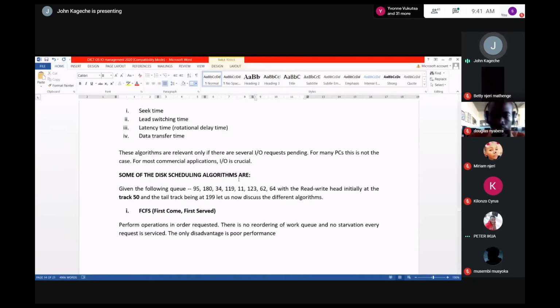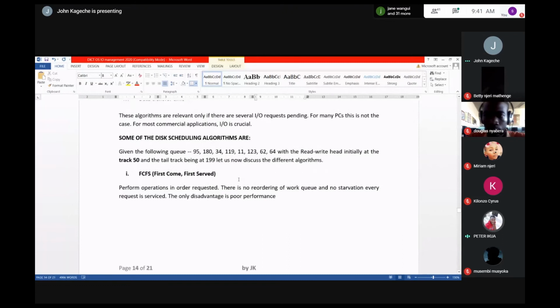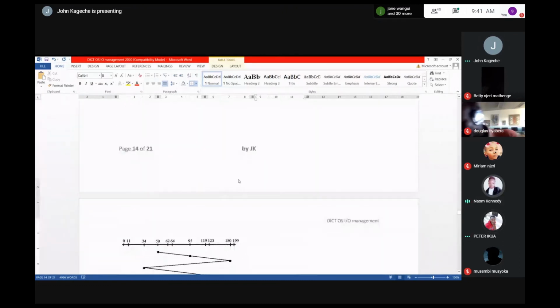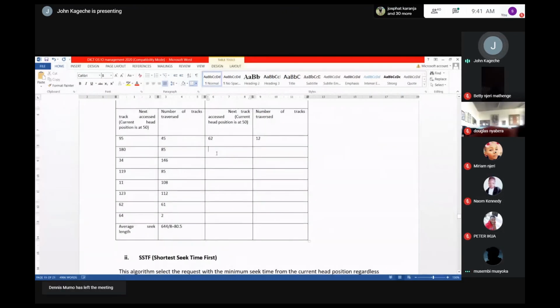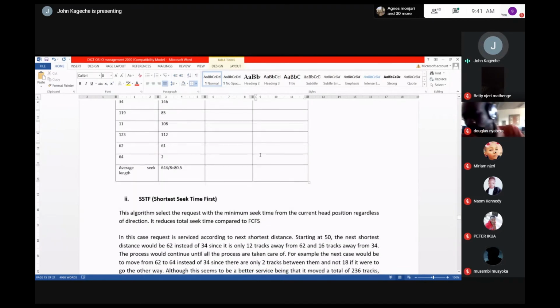Is it 64 or is it 34? 64. You will come here and do 64. Then what is 64 minus 62? 2. Because we are saying with the shortest seek time, the algorithm selects the request with minimal seek time based on the current head position.